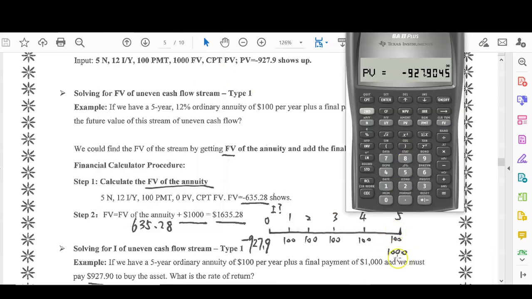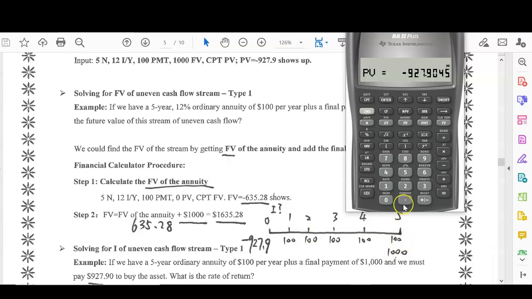So we don't have to calculate the future value of the lump sum anymore. We just need to calculate the future value of the 100s, the future value of the annuity, and then we add the final 1,000. So we know how much they're worth in total at the end of the 5th year.